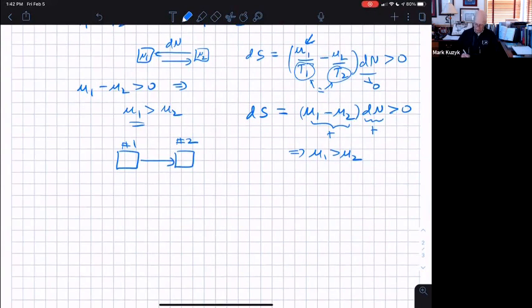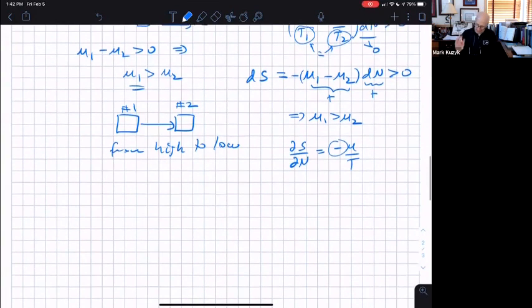So the particles do flow from high to low. And that's because the partial of S with respect to N is minus mu over T. It's this minus sign. So that's where there's an extra minus that comes in there. That's where the screw up was.